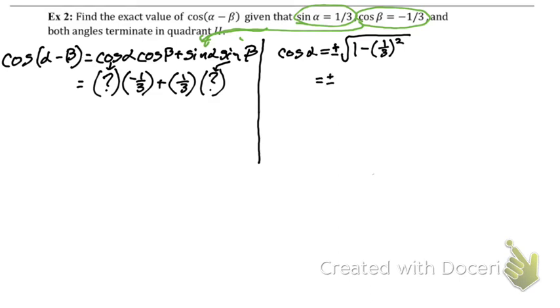Well, that's going to equal plus or minus the square root of 9/9 minus 1 squared is 1, 3 squared is 9, which is going to equal plus or minus the square root of 8/9, which is going to be plus or minus, let's leave that off for just a second, 2 square root of 2/3. Well, it terminates in quadrant 2. All students' sign is positive in quadrant 2. Everything else is negative. So this would be a negative.